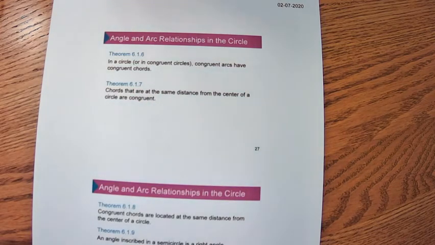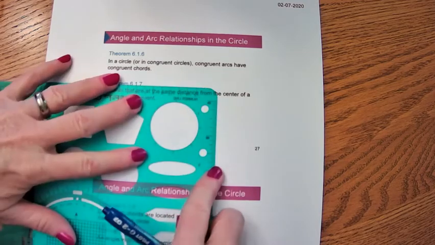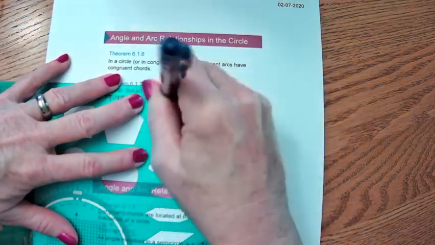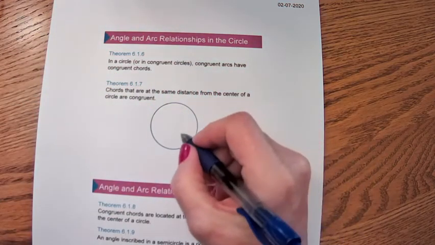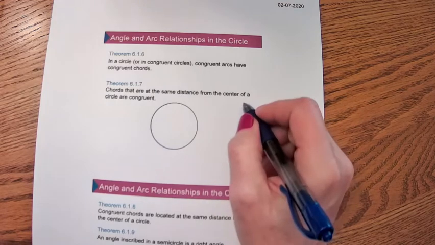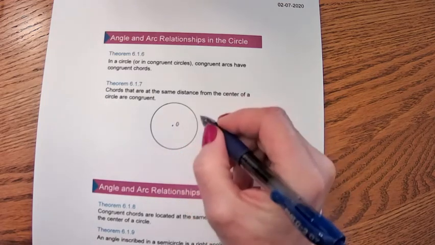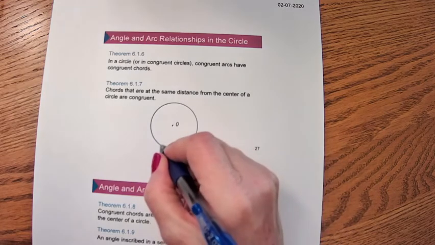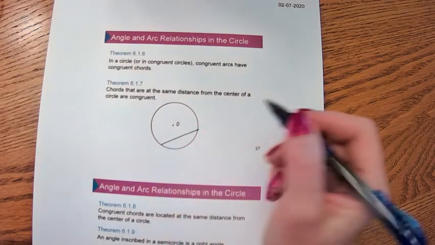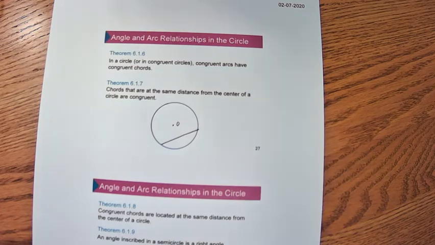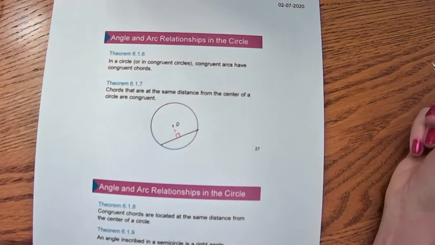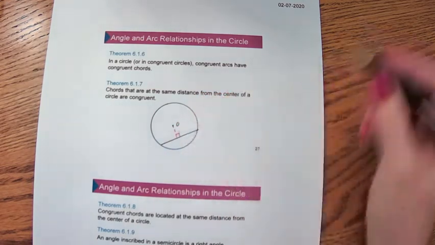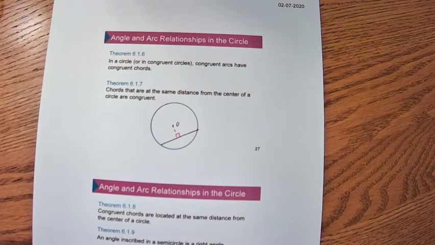And then here's another, we kind of touched a little on radii that intercept a chord. Radii that intercept a chord will always bisect the chord. If here's my center, chords that are the same distance from the center. What is the measure of distance? Distance is always the perpendicular measurement. The shortest distance is always a perpendicular line.